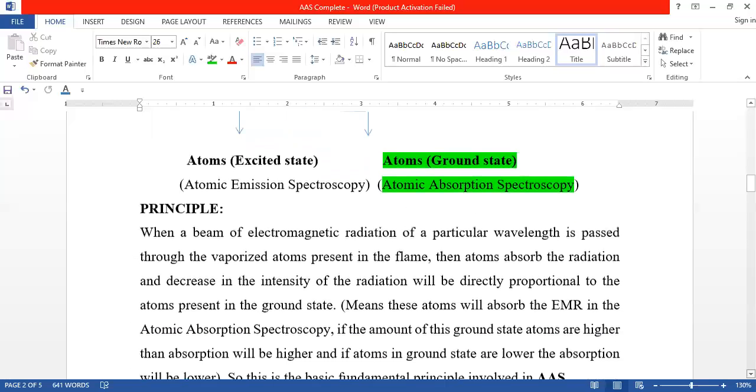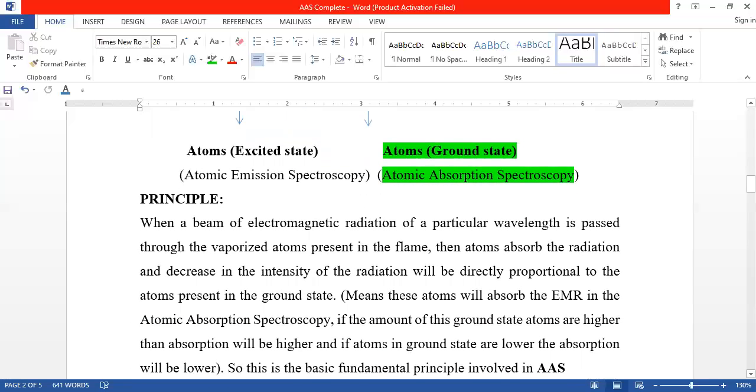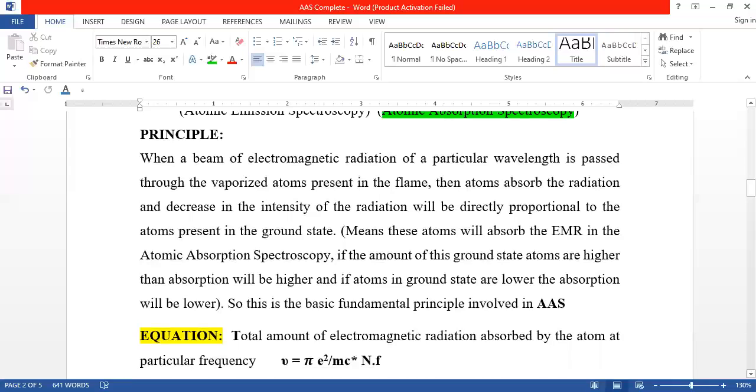Now let's go to the next topic, the principle. What is the principle of atomic absorption spectroscopy? When a beam of electromagnetic radiation of a particular wavelength is passed through the vaporized atoms present in the flame, then atoms absorb the radiation, and the decrease in the intensity of the radiation will be directly proportional to the atoms present in the ground state.